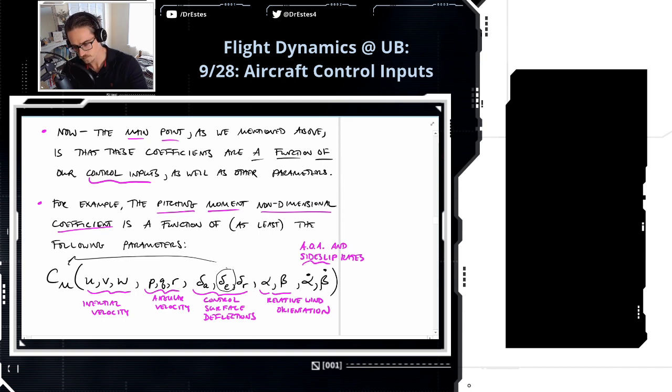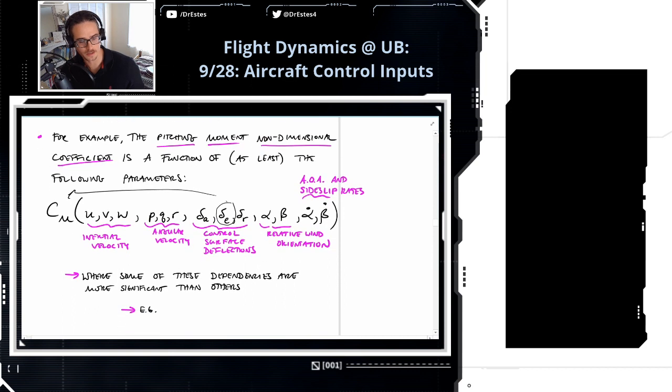And this isn't even the full parameter set that you could do. They run a lot of tests to see how this changes with many different conditions. So some of these dependencies are more significant than others.